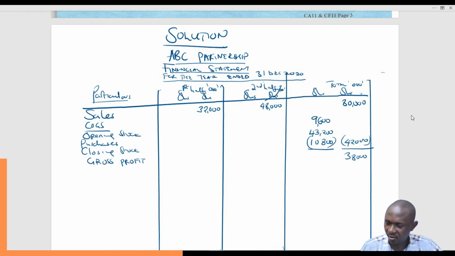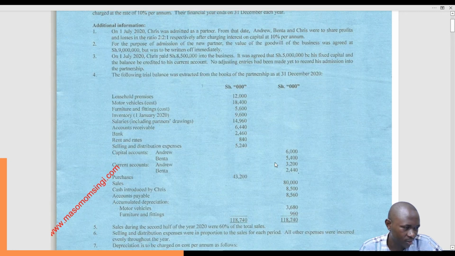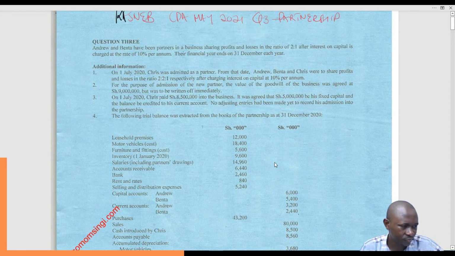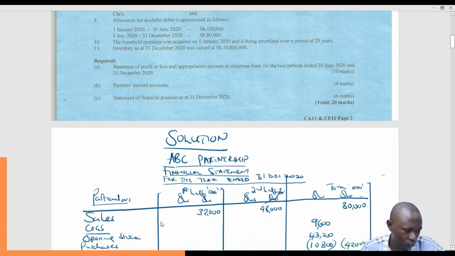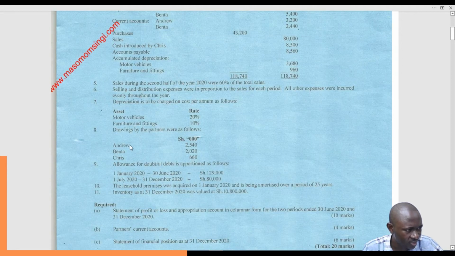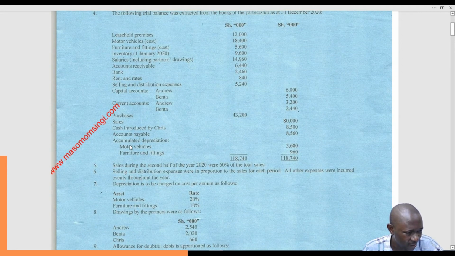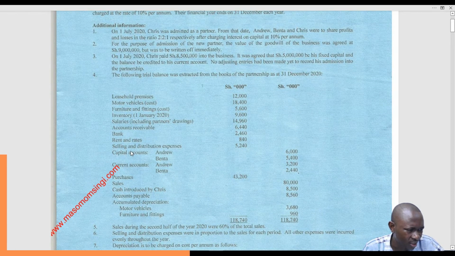Good. So we are done with the trading account part, and now we are ready to move to the profit and loss account. The first thing in profit and loss, we check: do we have other incomes and gains? Check around. Incomes, other incomes and gains, rent receivable, commission receivable, discount received.